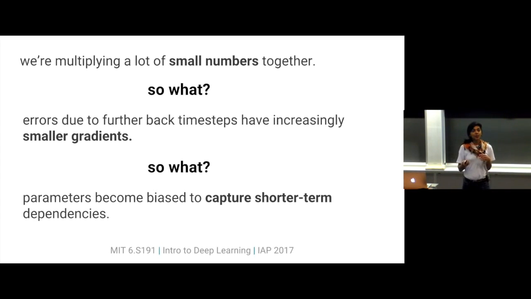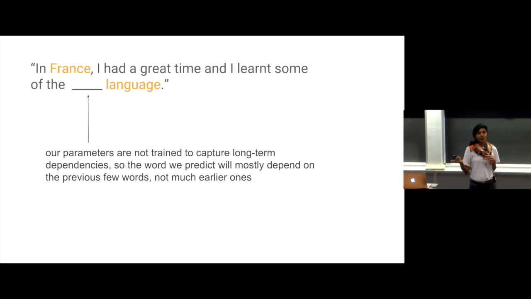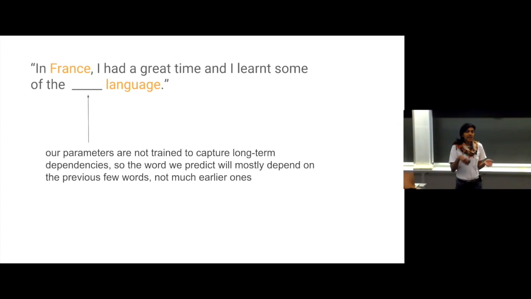And this is a problem because now we're back at the same problem that I mentioned earlier. If we have a sentence like this, in France, I had a great time and I learned some of the French language, if our parameters are basing the next word only off of the last 2 words or the last 3 words, it's going to be really hard to model things like natural language.